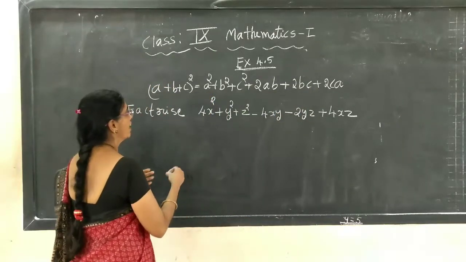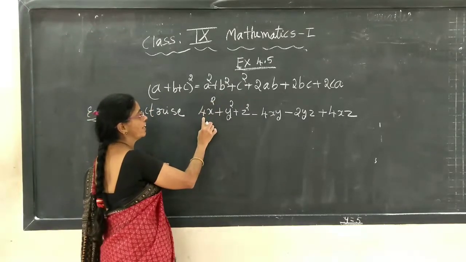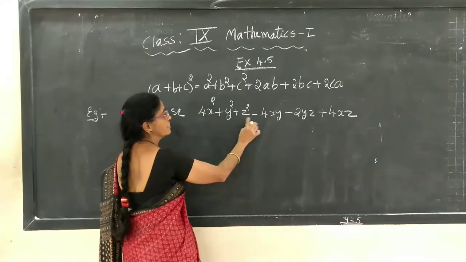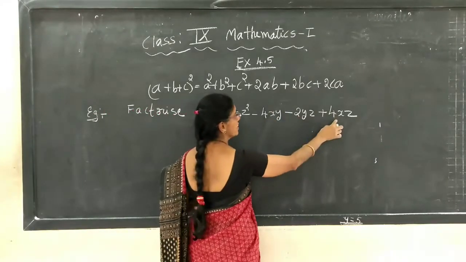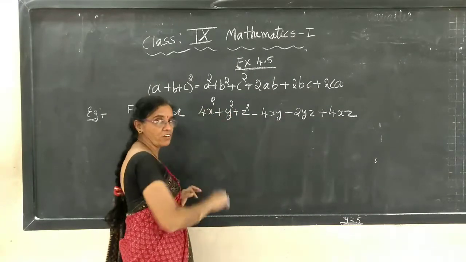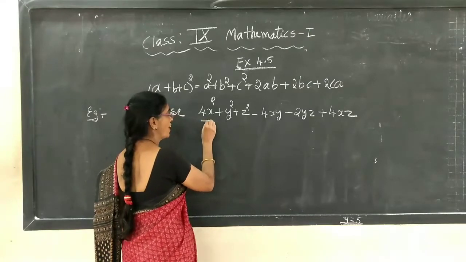Now, what I will do is, we have to find which square this is. This is a square, b square, c square. This is 2ab, 2bc, 2ca. Now, what is a, b, c? We have to find out. So, this here is a square number.